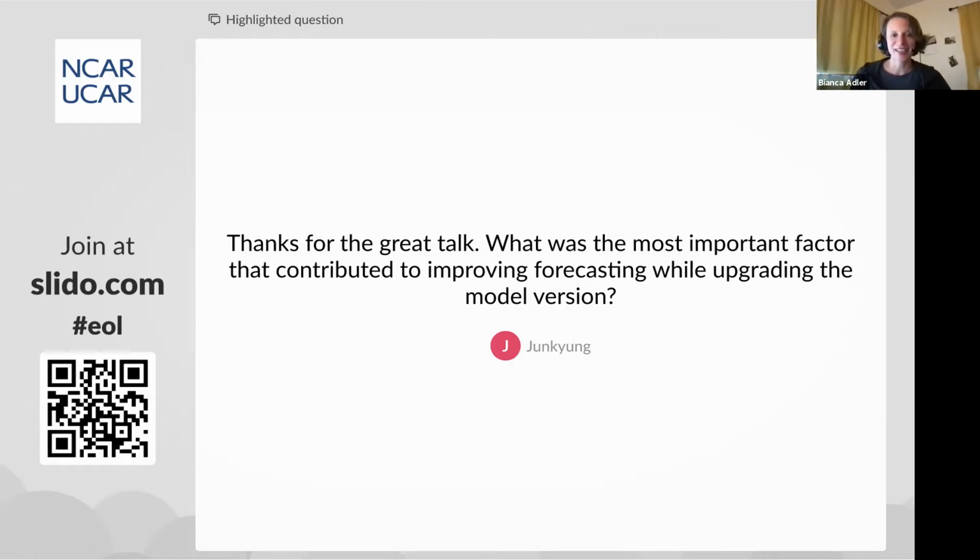Yeah, that's an excellent question. So one problem is that we had all these improvements combined in the newer versions. So it's not like I can say, oh, this model improvement really led to the better forecasting of the cold pool. We only had this one version where all these improvements were already mixed together.